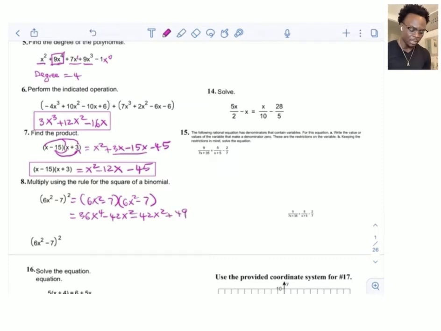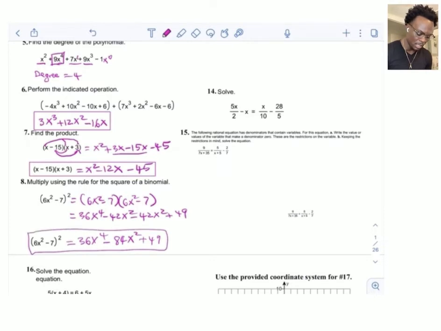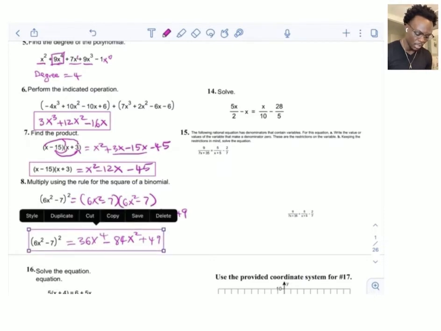And then we can combine like terms to get the final answer. 36x to the 4th, negative 42 minus 42, that's negative 84x squared, and then that's plus 49 to finish the simplification. And the answer for number 8 is 36x to the 4th minus 84x squared plus 49. You need to combine like terms first.